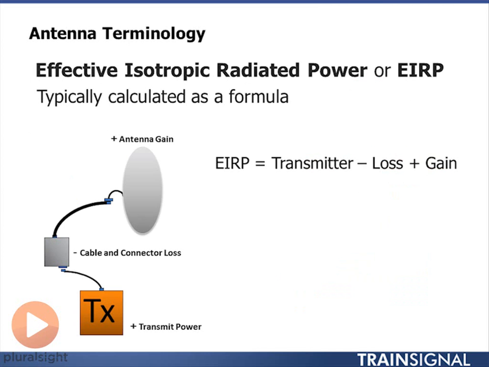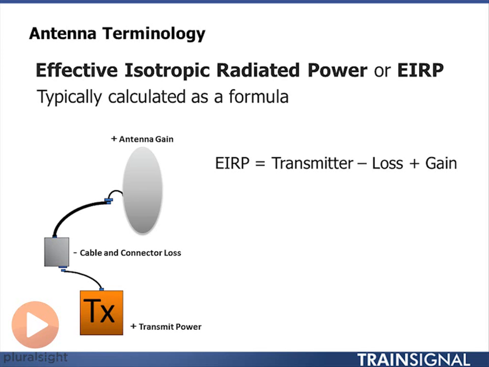Another term that you need to be really familiar with is the effective isotropic radiated power, what we refer to as EIRP. When you look at regulators around the world, they will regulate the spectrum, and those regulations vary depending on what frequency, what spectrum you're using.